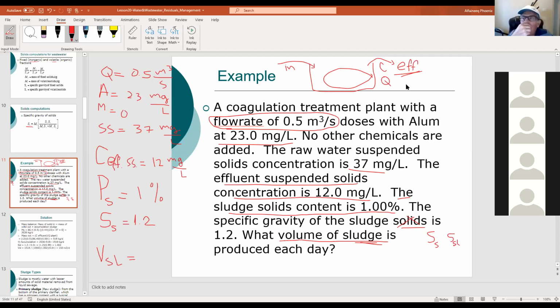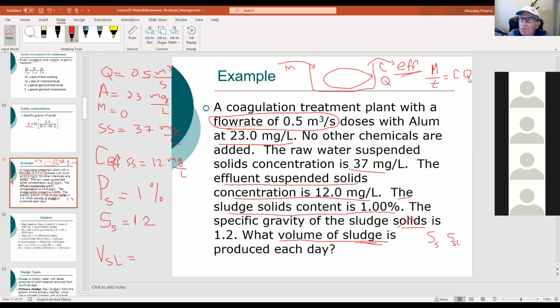All right. From the mass balance, if you still remember, the rate, mass rate. Can we calculate the mass rate? M divided by T, I guess, through CQ. Remember that CQ?